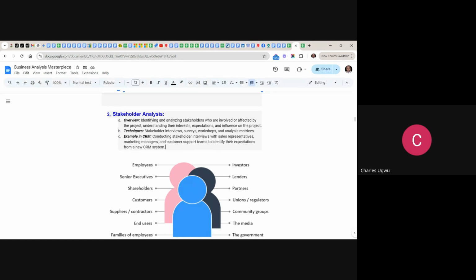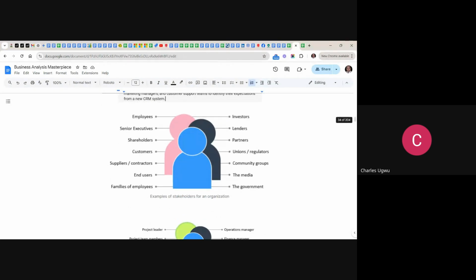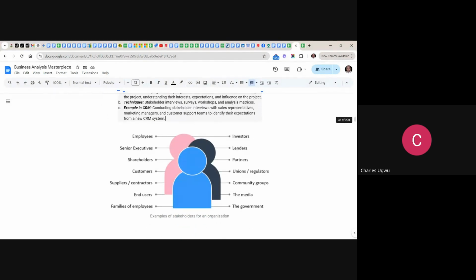That is why I always try to capture stakeholders at different levels, to give us a picture of what stakeholders are. So looking at this first diagram here, it is organizational stakeholders.